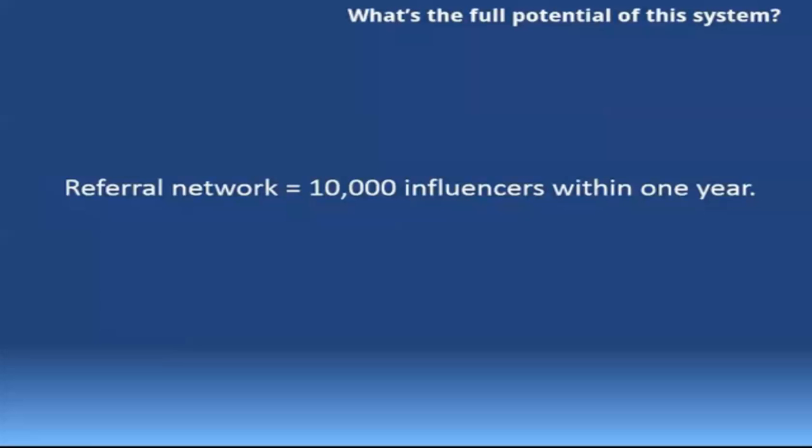In fact, Ben and I are working with a client who is aiming to be at 25,000 within 12 months, and we are building a plan out for him to achieve that. That's aggressive.